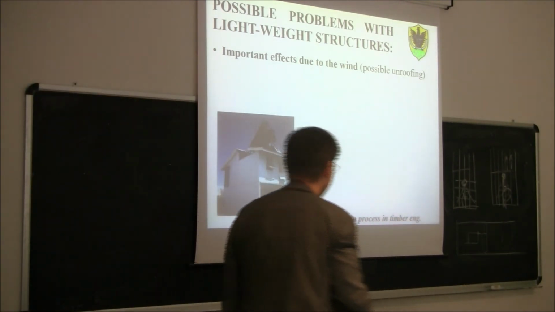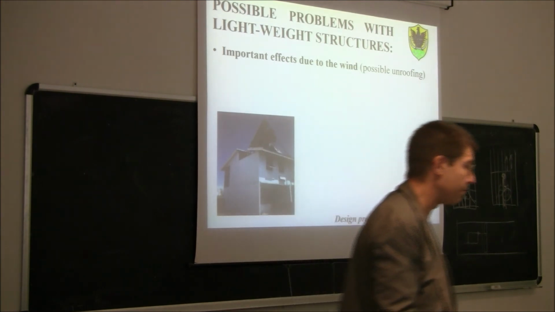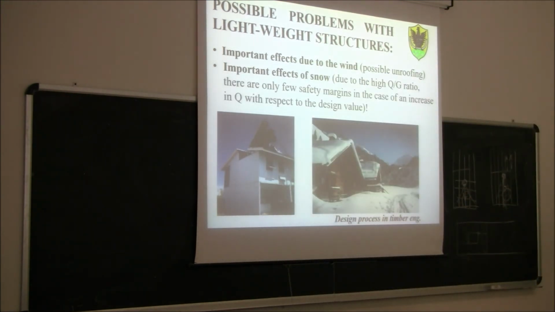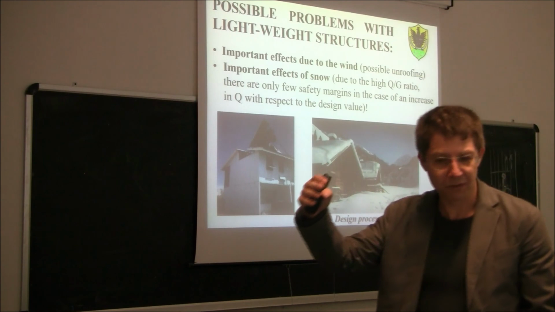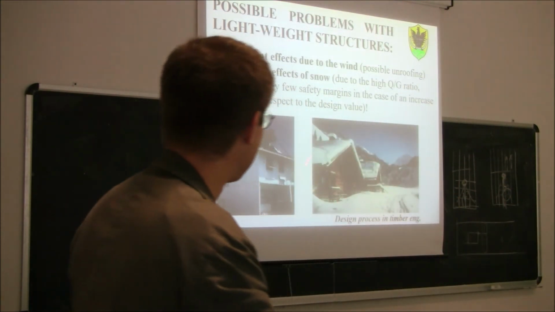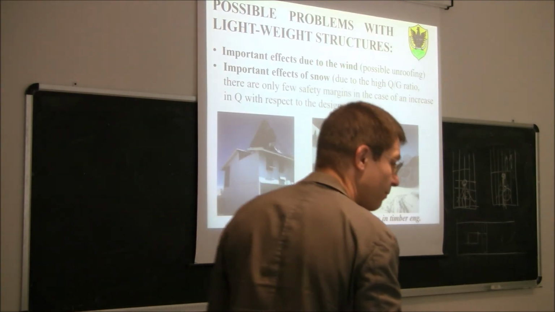And then we have another problem. The other problem is due to the important effect of snow. If you have a lightweight structure, basically, it's much easier, if you have an exceptional event, like a very high load of snow, you get to a situation where you get to the failure of the roof.